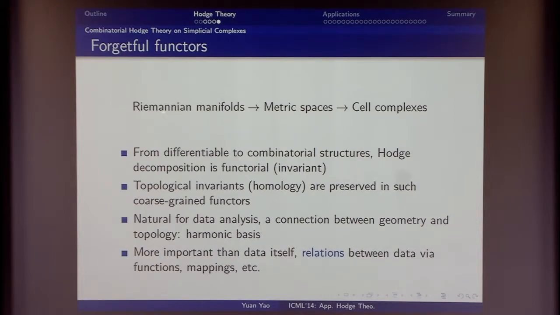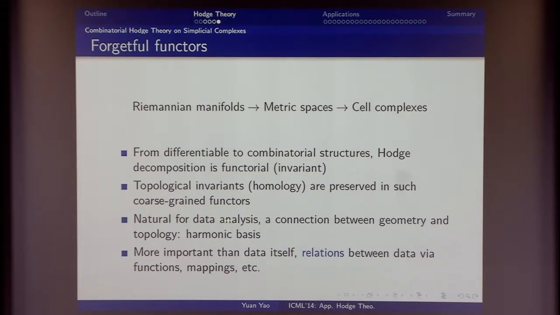The useful thing is why this kind of structure is repeatedly used from manifolds to modern data analysis: because Riemannian manifolds, metric spaces and cell complexes, whenever you forget some structure like metric structure or differentiability structure, everything invariant is preserved with this kind of linear algebra, and that reflects some topological invariants like homology, reflected in the dimension of the kernel of the Laplacian.